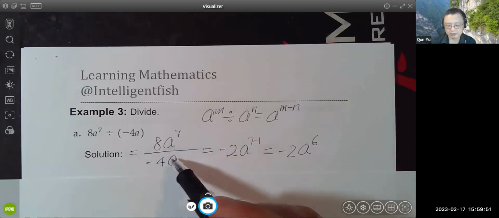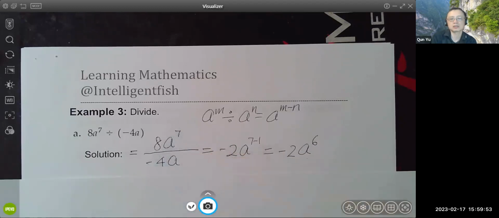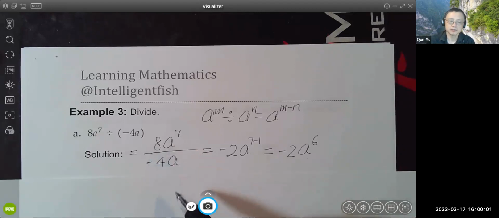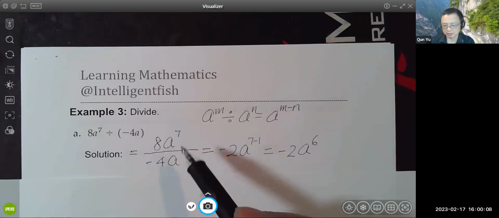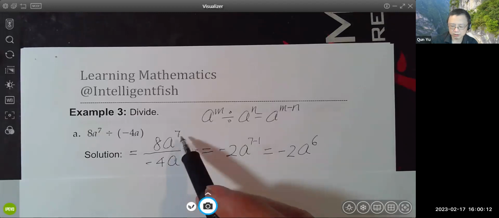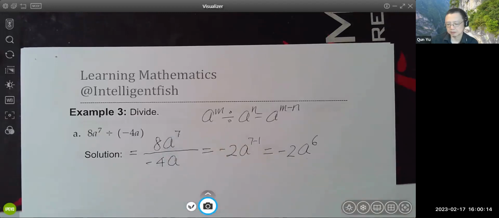This 1 a gets canceled, you have 6 a's left on the top. So whenever you have the same variable on both sides and they multiply together, we call them factors. We just cancel common factors, and that's the nature of a fraction, simplified fraction. It's like simplifying this fraction, right? So 1 a cancels, you still get 6 left on the top.